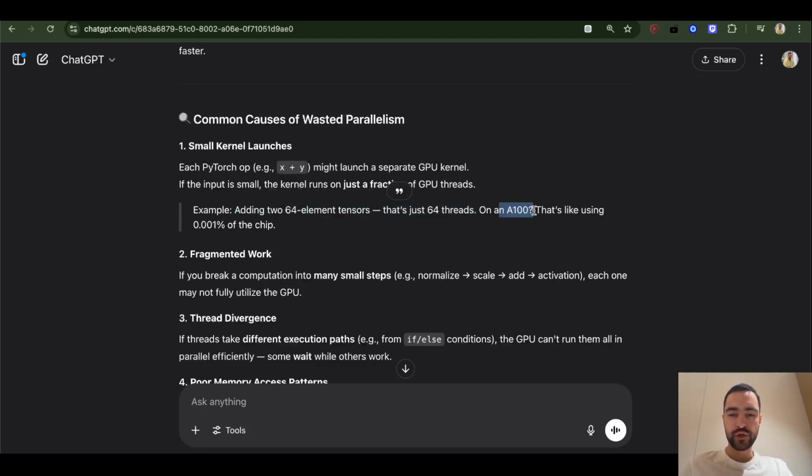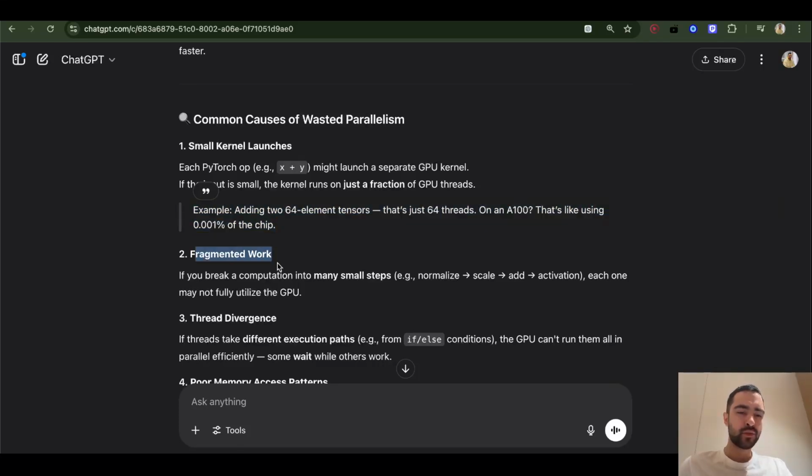On an A100, that's like using 0.001% of the chip. So this operation is too simple, too small, and we are not utilizing 100%. You want to utilize 100% of the chip, and the kernels within the chip.